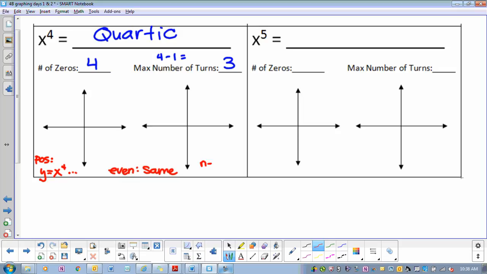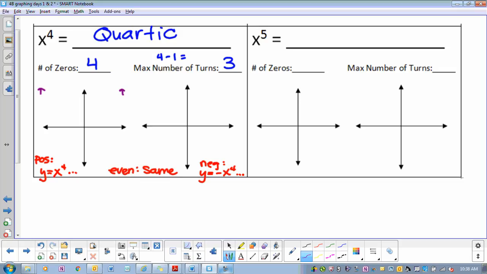A negative example would be y equals negative x to the fourth, dot, dot, dot, but it's going to have more terms. My positive one means that my right end behavior is going up. And we said they're doing the same, so my left one also has to be going up.